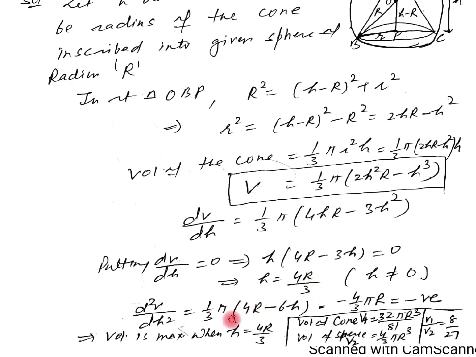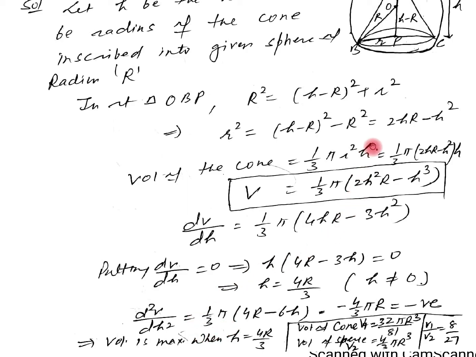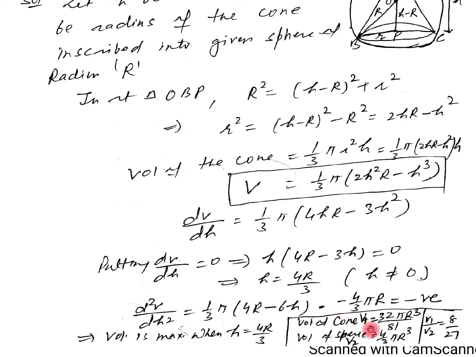Now in this question, we have also been asked to find the maximum volume of the cone. Now here putting the value of small h as 4R by 3, I can easily find the volume of the cone. I am just making it V1.